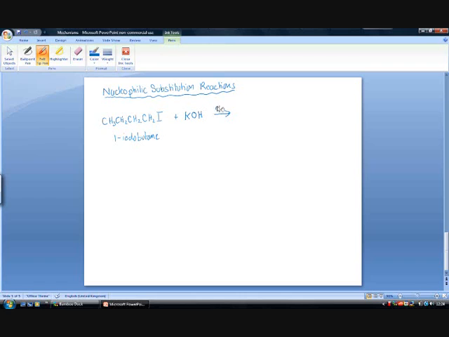I'm reacting that with KOH, potassium hydroxide, reflux it, and as a product we're going to end up with butan-1-ol, because what happens is the OH from the hydroxide replaces the iodine. It's just a straightforward swap over, in other words a substitution, butan-1-ol.